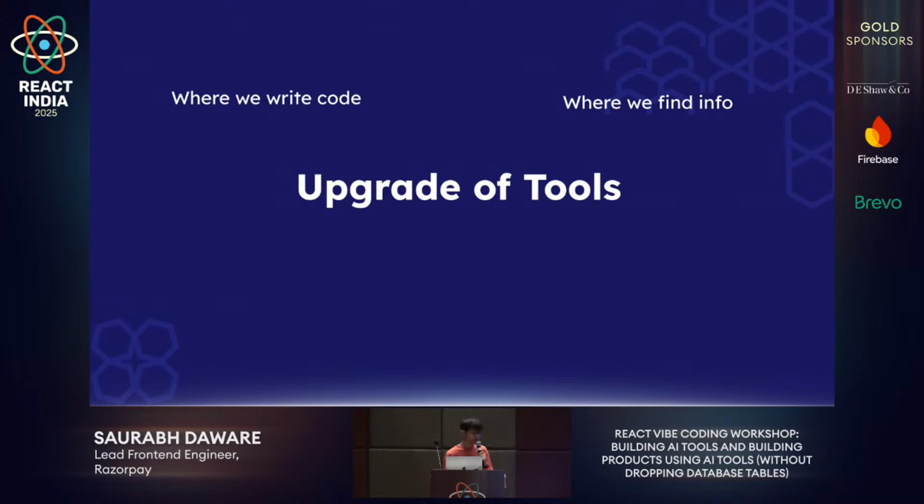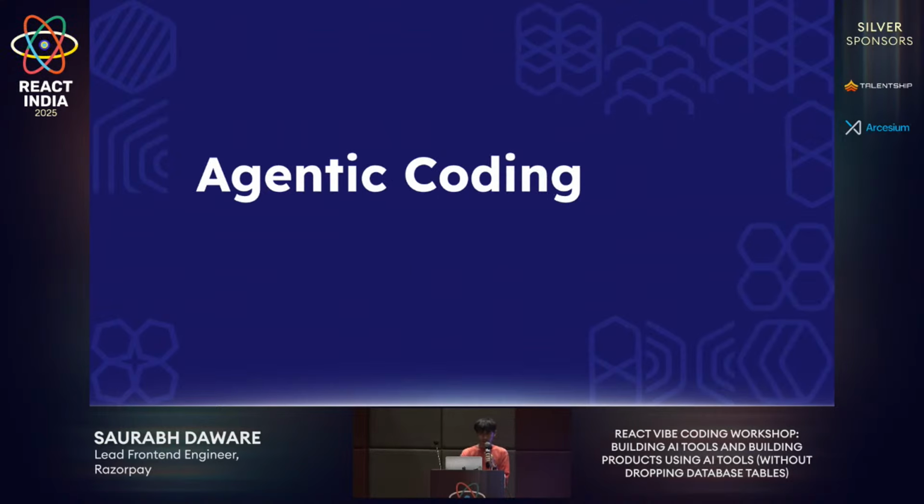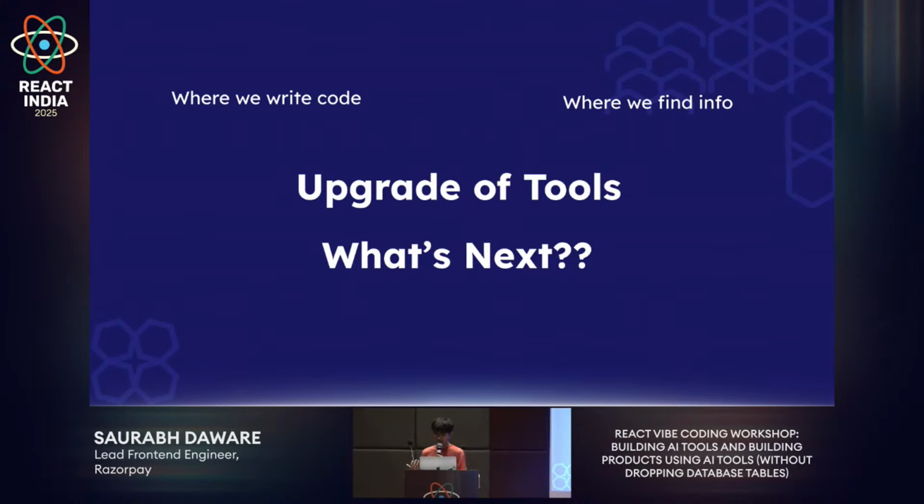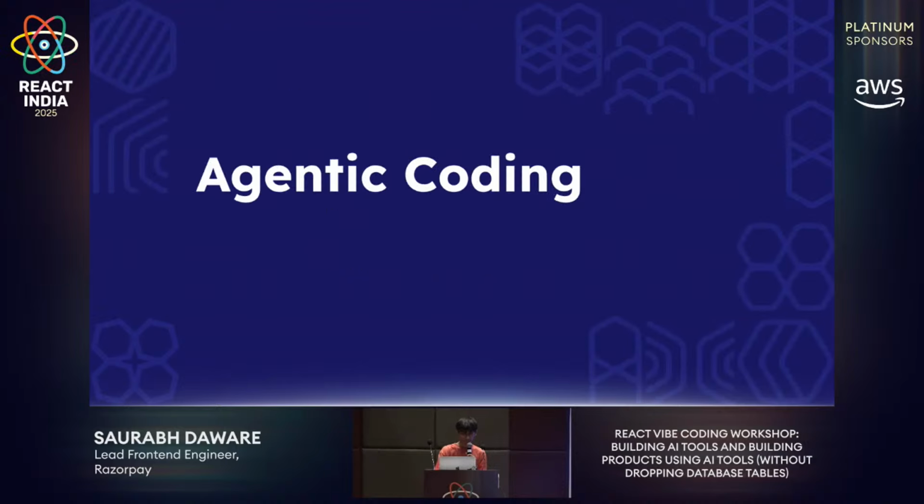But so far, it's just been an upgrade of tools, where we keep getting new tools, a better place to find information, a better place to write code. But what's next? Is this how we are going to move forward in the AI world, or is the workflow going to change? The answer is that the workflow is going to change slightly, and it's called agentic coding.